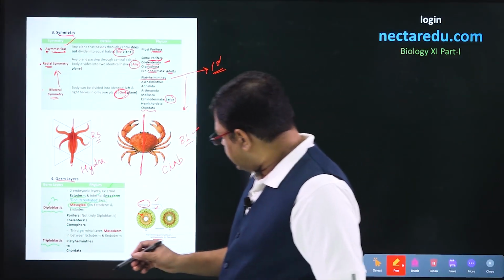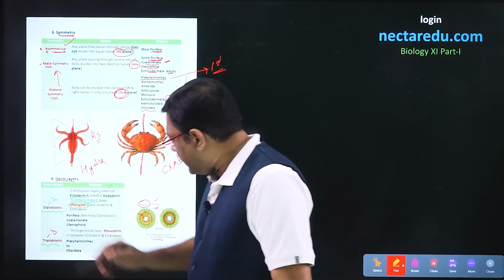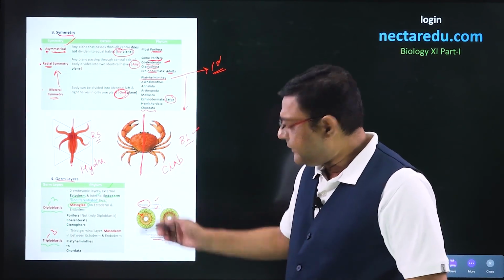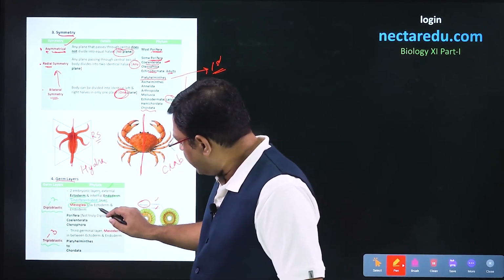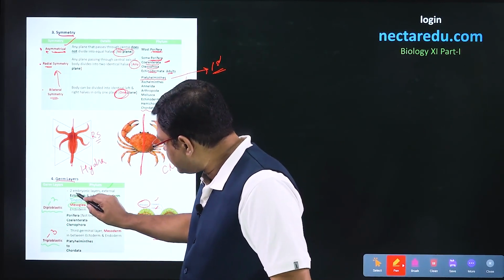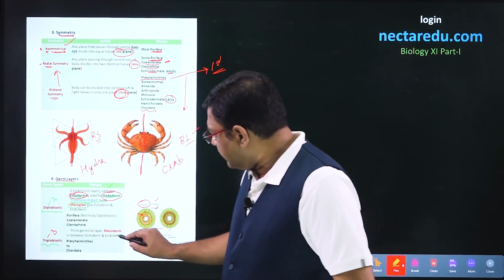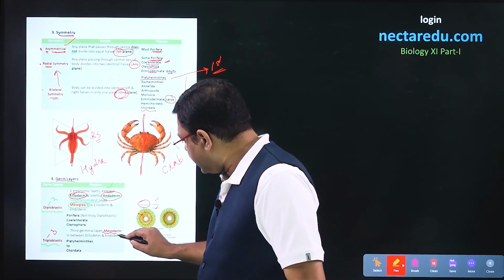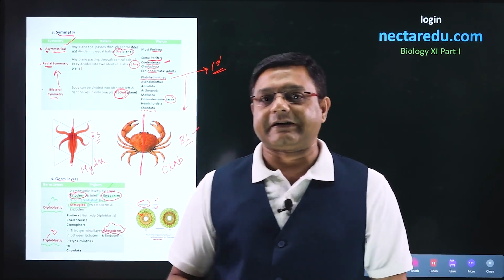The second condition that we talk about is triploblastic. In the case of triploblastic, there will be three layers. Two layers will be the ones which were present already. In this case also, there will be ectoderm and endoderm, but in between, a third embryonic layer will be present, that is mesoderm. That is how the triploblastic condition comes.